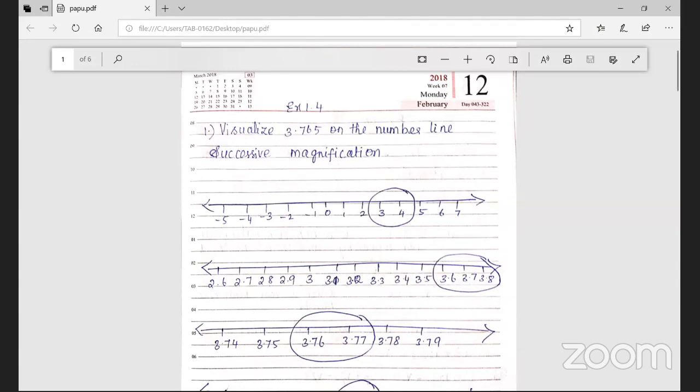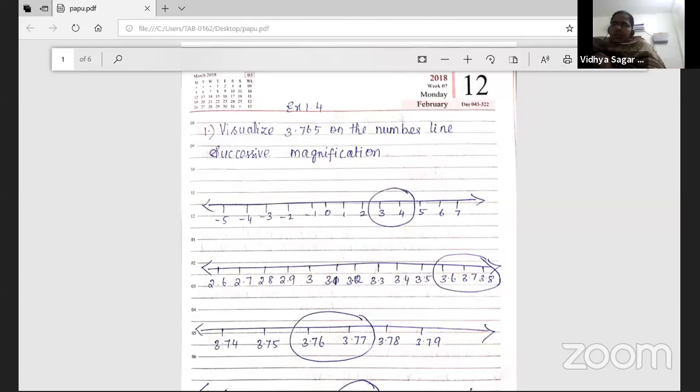Yes, I think everybody is clear in this concept. Okay, students, we have started our chapter number system. You must know what is rational and irrational. We have just completed exercise sums, and we gave some sums as homework in the previous class also.